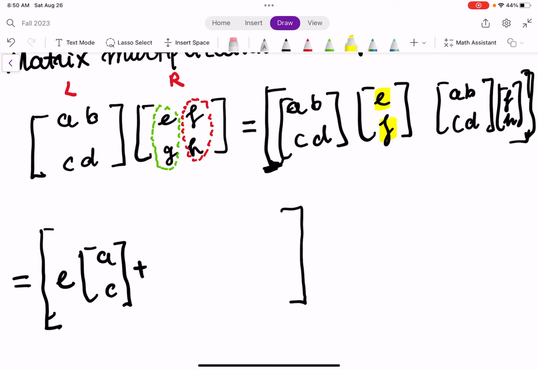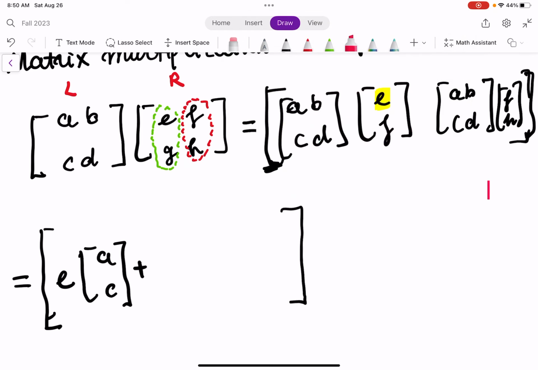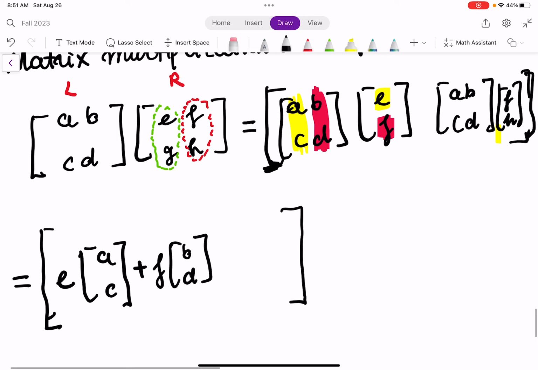Let me use a different color so that it indicates better. Let me see, red. So F will undergo the BD transformation as highlighted here, and E will undergo the AC transformation. Then you add them up, so you get a new column vector: E times AC plus F times BD.